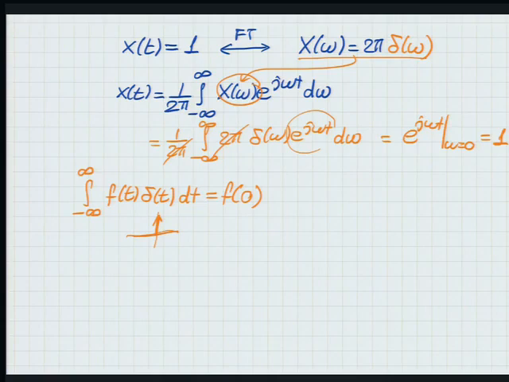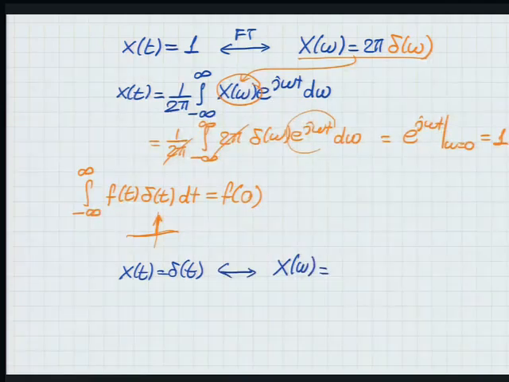There's actually a dual to this. If I tell you x of t itself is delta of t, the generalized Fourier transform for this is X of omega. How do I get it? I just have to integrate x of t, which is delta of t, e to the negative j omega t dt, right?